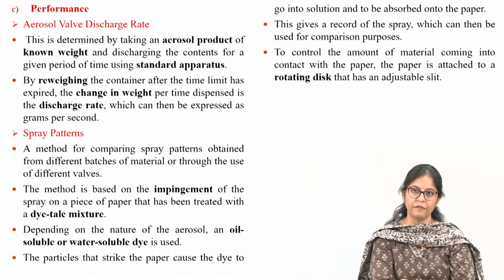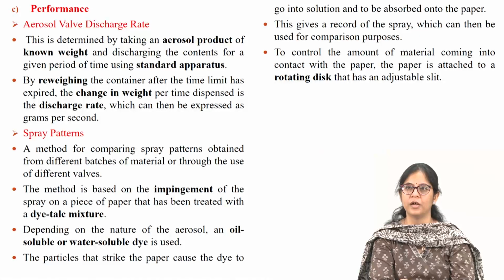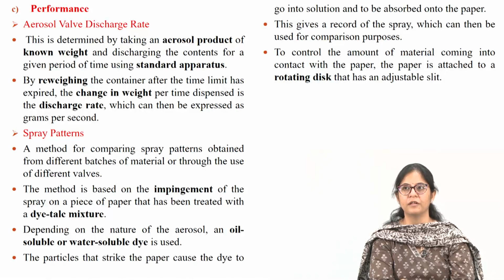Depending upon the nature of the aerosol, an oil soluble or water soluble dye can be used. The particles that strike the paper cause the dye to go into solution and to be absorbed onto the paper. This gives a record of the spray, which can then be used for comparison purposes. To control the amount of material coming into contact with the paper, it is attached to a rotating disc that has an adjustable slit.